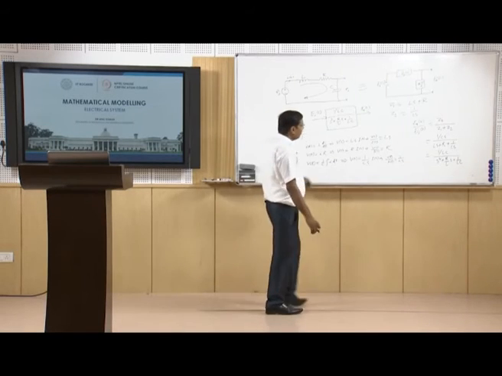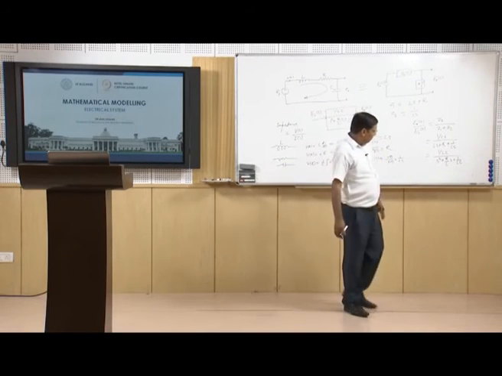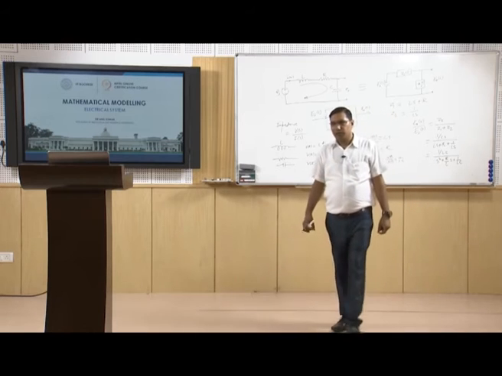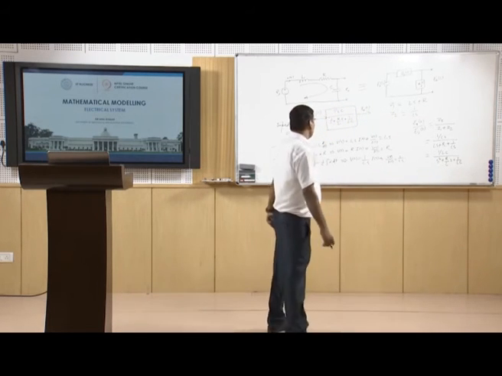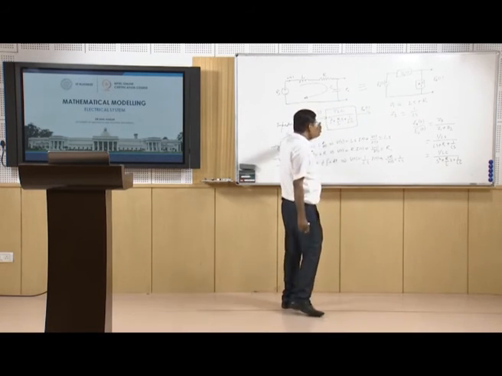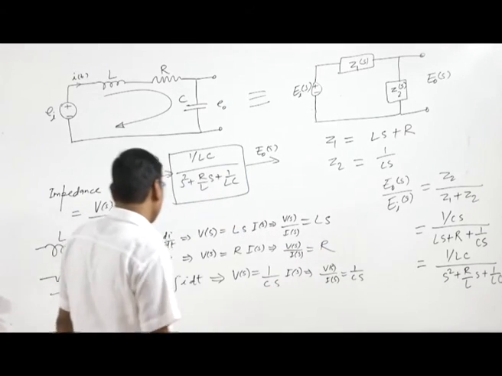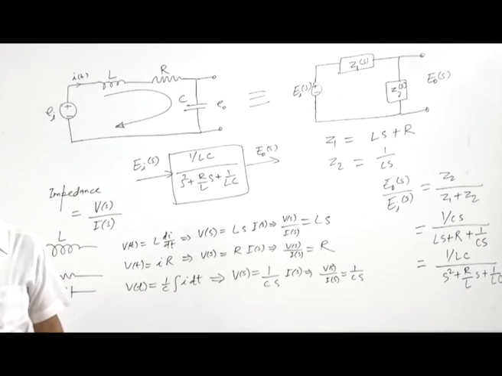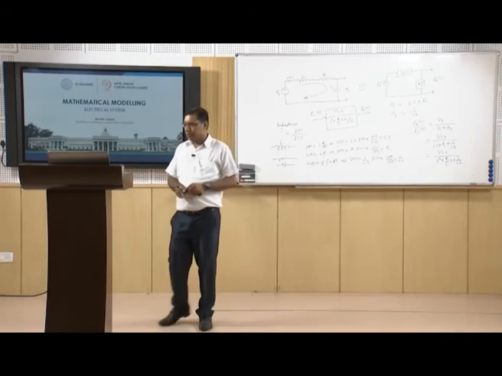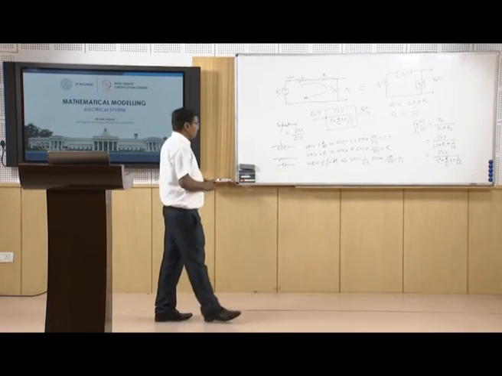So, we can see that using the impedance method we can also find the transfer function, and we find the same transfer function. Therefore, this method is important for the systems.